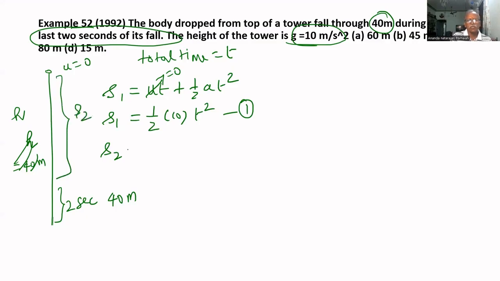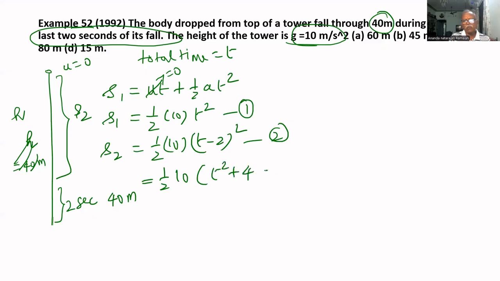S2 equal to half 10, initial velocity is 0, T minus 2 whole square. That is 1 by 2, 10 T square plus 4 minus 4T. That is equal to 5T square plus 20 minus 20T.